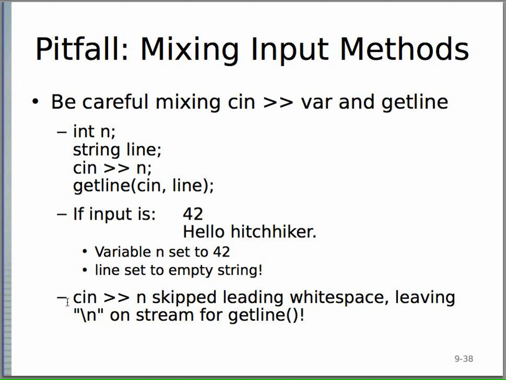When you do cin >> n, it skips all of the leading white space, leaving just the newline character on the stream for getline to take and put into line. So all of this other stuff that you enter doesn't go anywhere. Common pitfall, so try not to run into that same trap as I just did a few minutes ago.